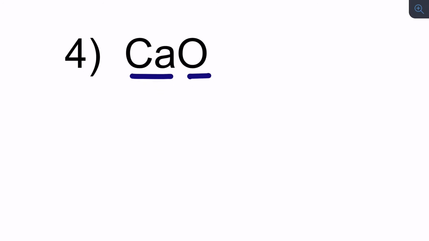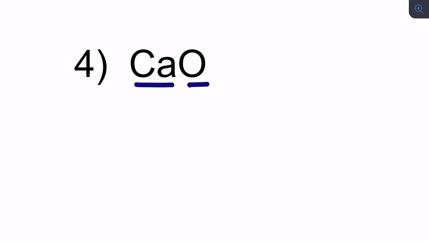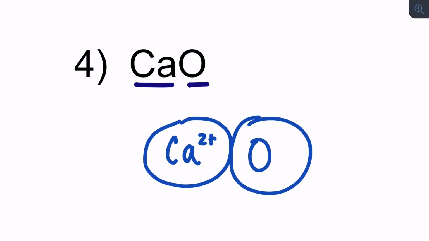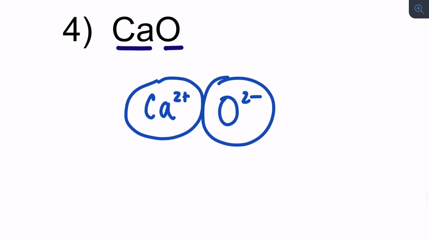It's not going to share electrons because these atoms are charged. So they are ions. So we have calcium, which has a 2+ charge, and we have oxygen, which has a 2- charge. Together, those make a neutral salt.